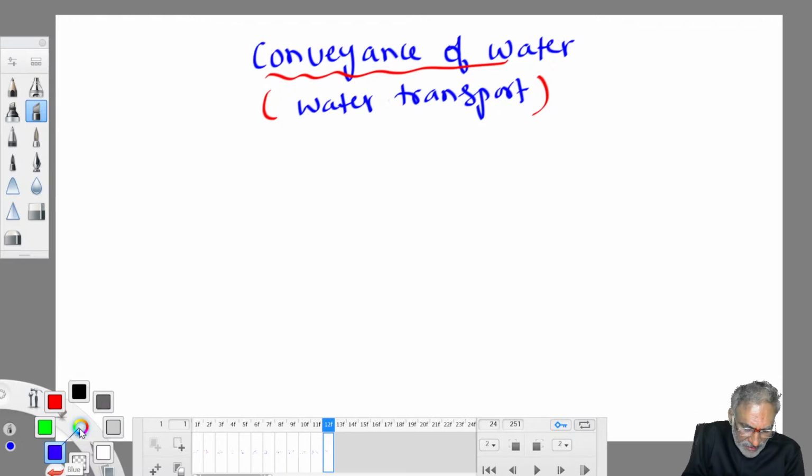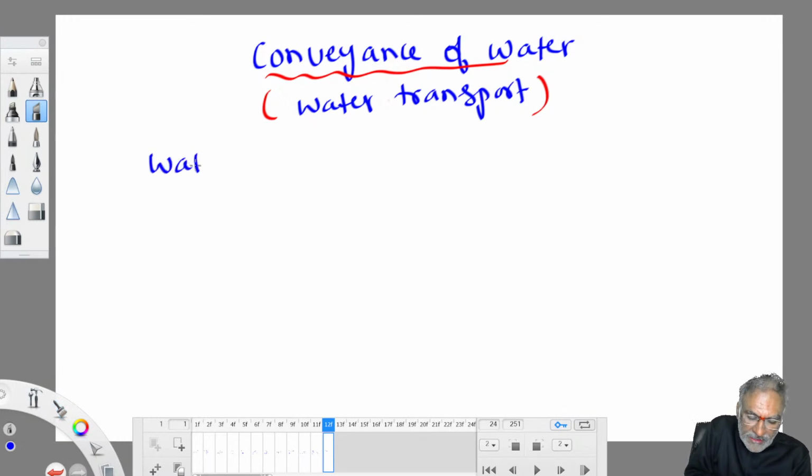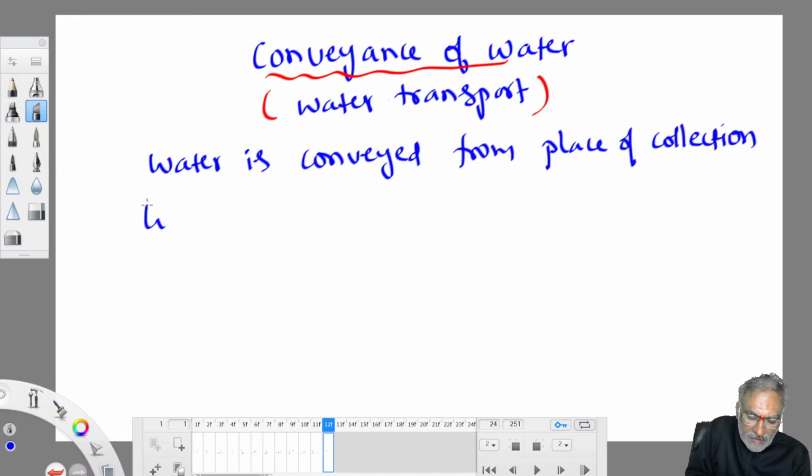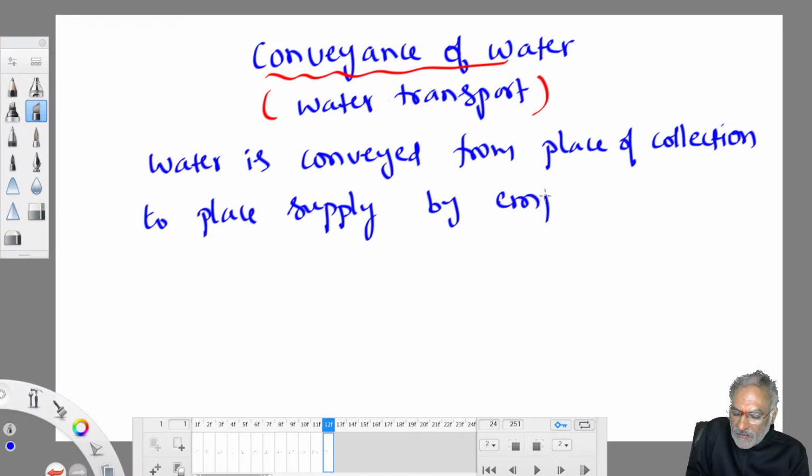So water is conveyed from the place of collection to the place of supply. Conveyed means transported, by employing any one of the following systems.